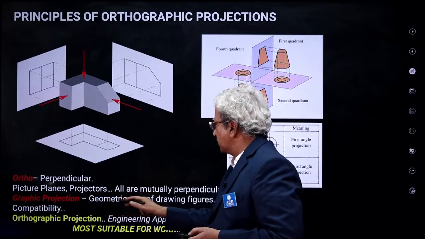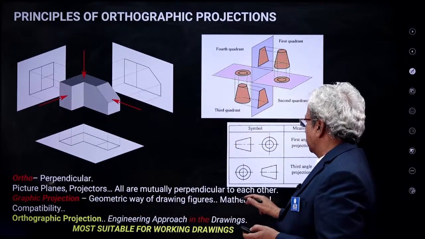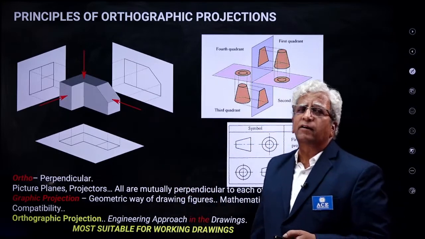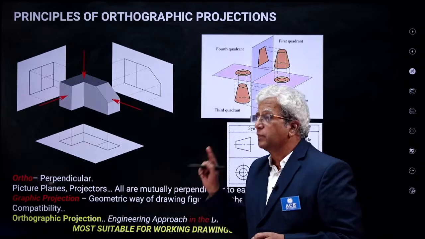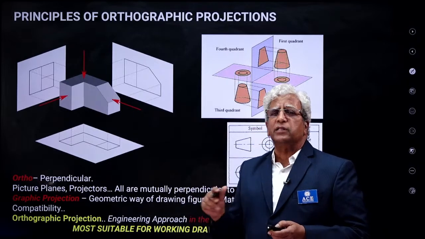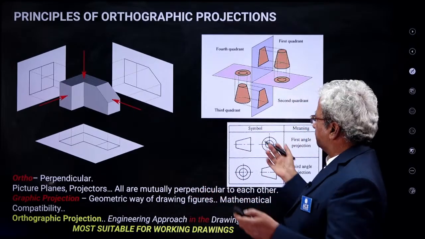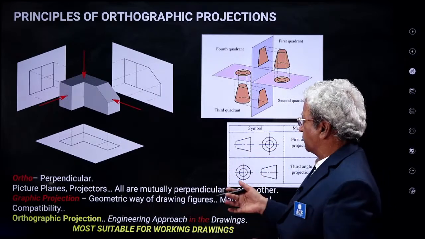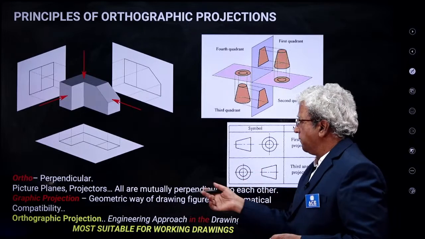So in graphic projections, this is a geometric way of drawing figures with mathematical compatibility. May I have a question on that? What kind of compatibility we have? A mathematical compatibility. That means with them, we can see how the things will match perfectly. As per scale, we get them perfectly.